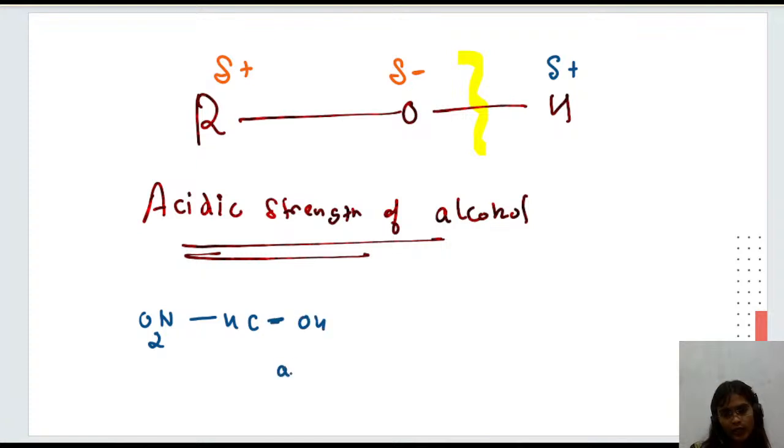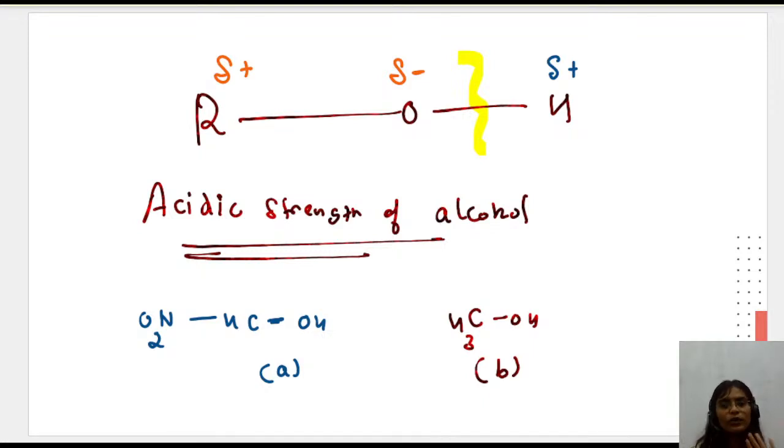In the second one, suppose I have simple CH3OH. Which alcohol is maximum acidic in nature, A or B? Find the acidic strength simply.